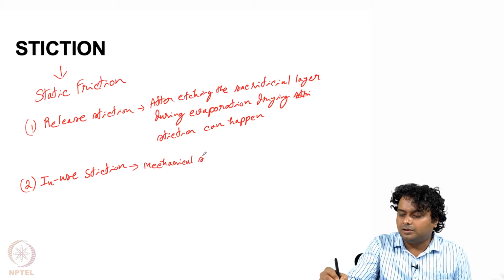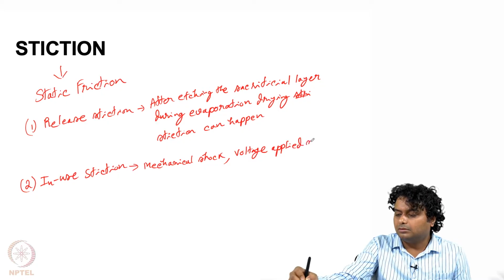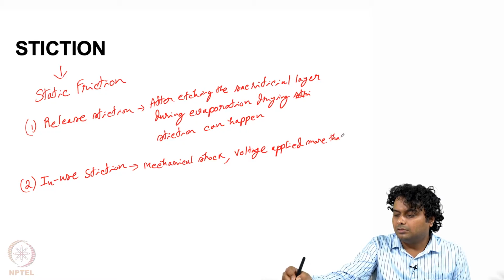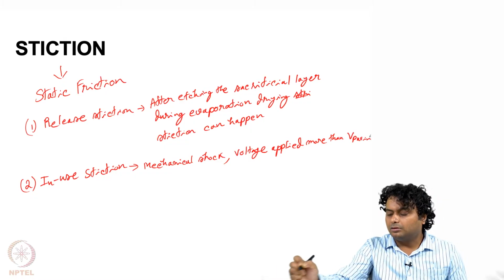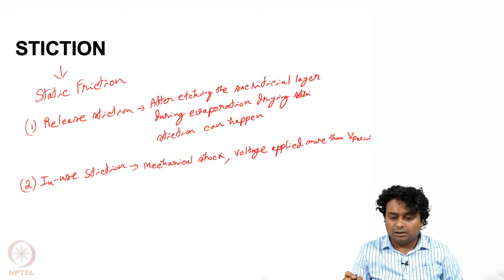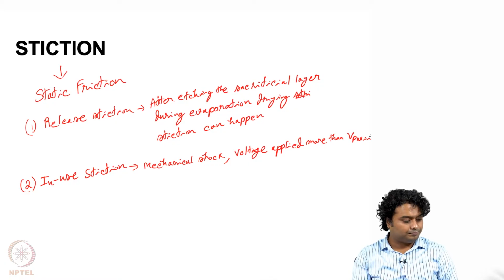So, that can be because of mechanical shock, or voltage applied more than Vp, meaning the pull-in voltage. If we apply more than the pull-in voltage, then also it can happen.